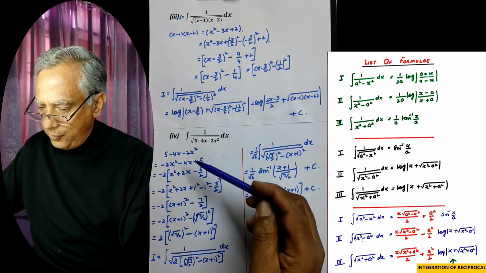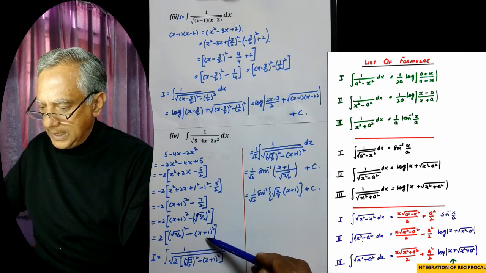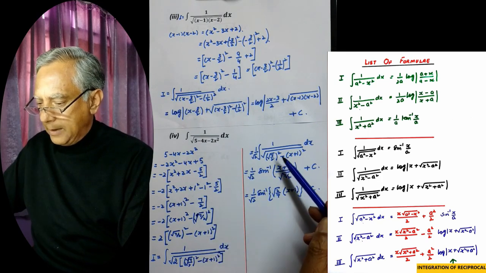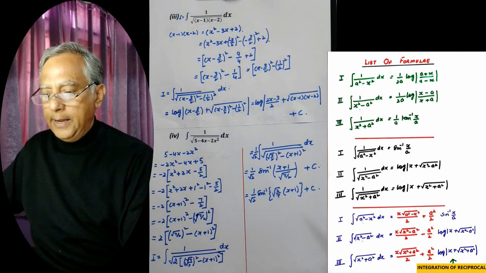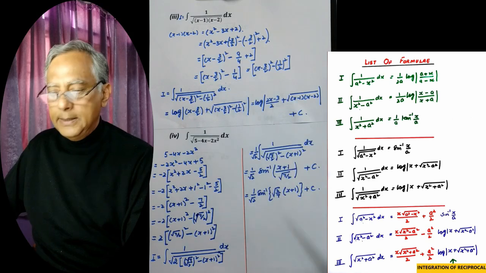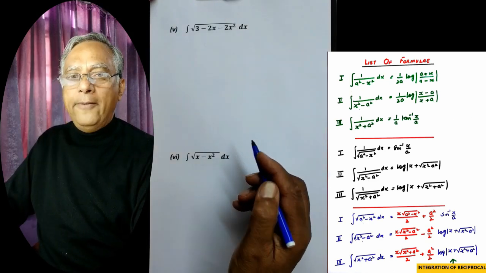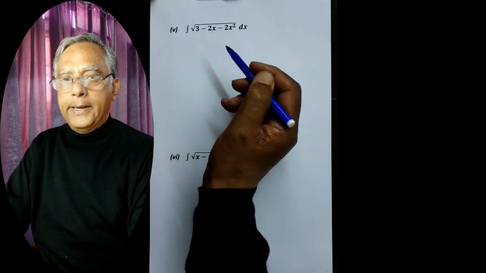So here we expressed this as difference of two squares and used appropriate formula, which is in this case sine inverse x by a. In the earlier case it was log x plus under root x square minus a square. Now I will take two questions for root quadratic.